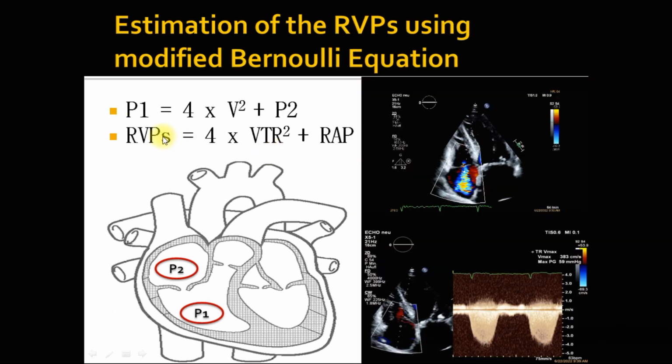Then we have to know the maximal velocity of the tricuspid regurgitation jet and the right atrial pressure in order to get the right ventricular systolic pressure or the pulmonary artery systolic pressure. At first, how can we get the maximal velocity of the tricuspid regurgitation jet?